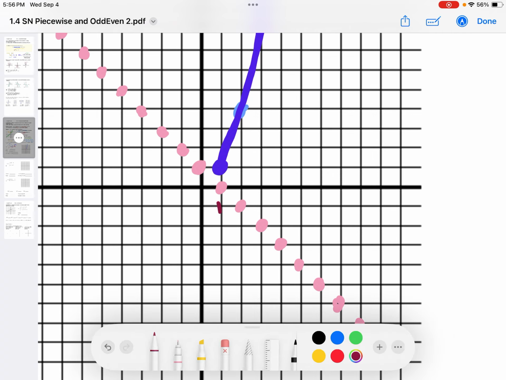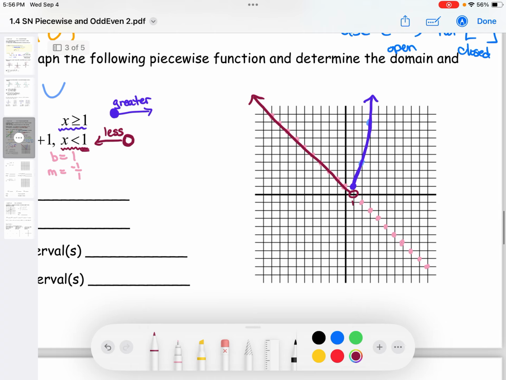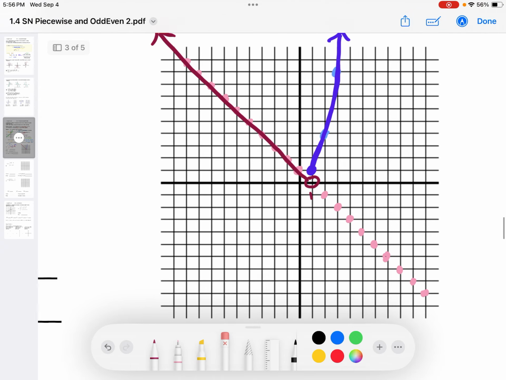It happens to be (1, 0). That piece on our function is an open circle. So I erased the dot and made it open. And because it said x less, we're going to the left. So I'm following this line to the left and out forever and ever. So there's the other piece to our graph. We can erase the dots that we didn't use if you want to. You can leave them there. It really doesn't matter.